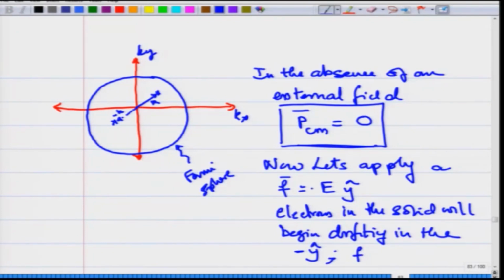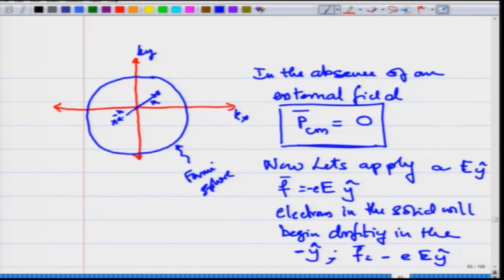The force on the electrons is actually minus E times the electric field, so the force which acts on the electron is in the minus y direction, minus E times y cap.